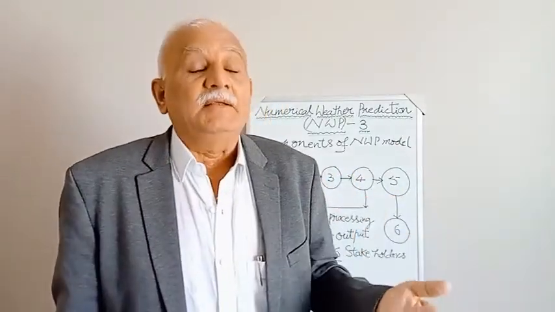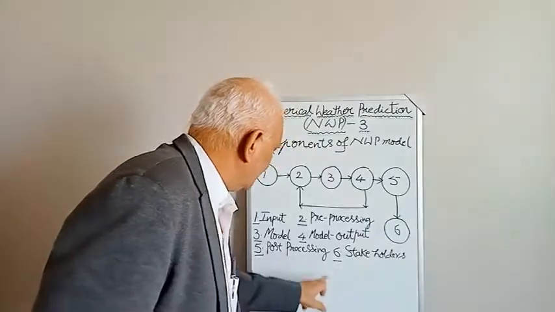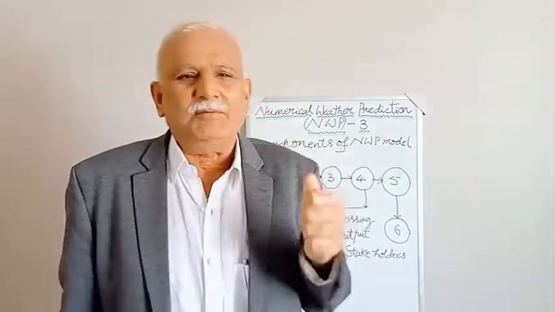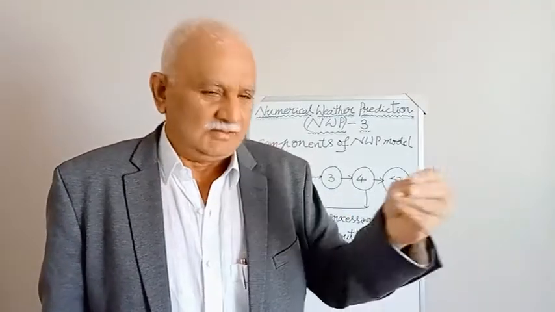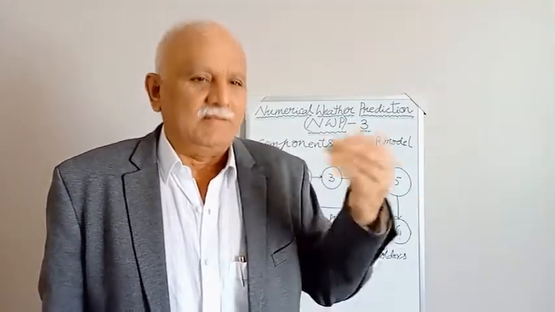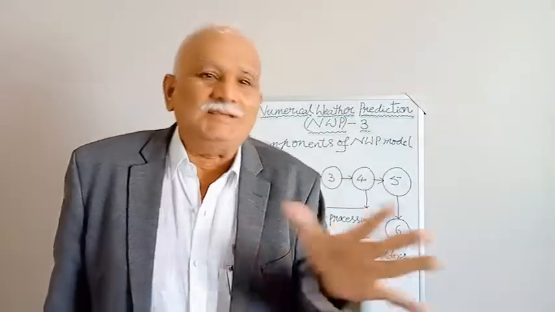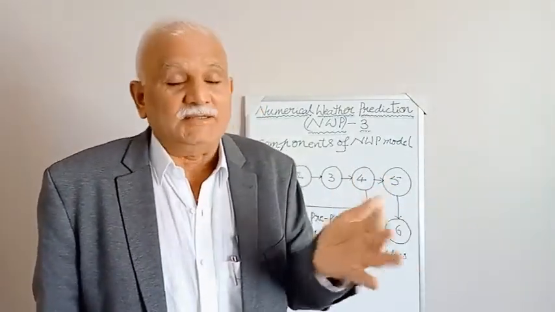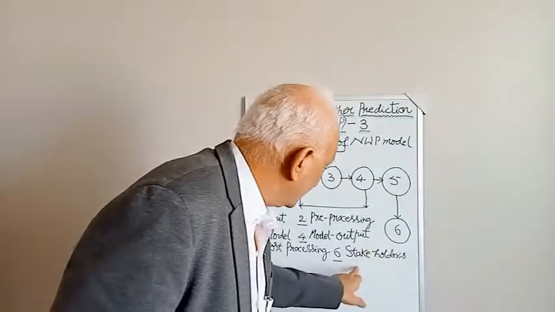What a stakeholder finally needs is information: whether it is hot, cold, rainy, or a warm day, whether there is heavy rainfall or an extreme event. That's what is required by the stakeholders.